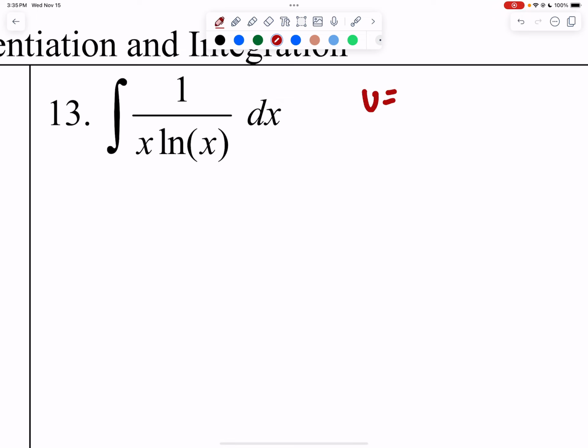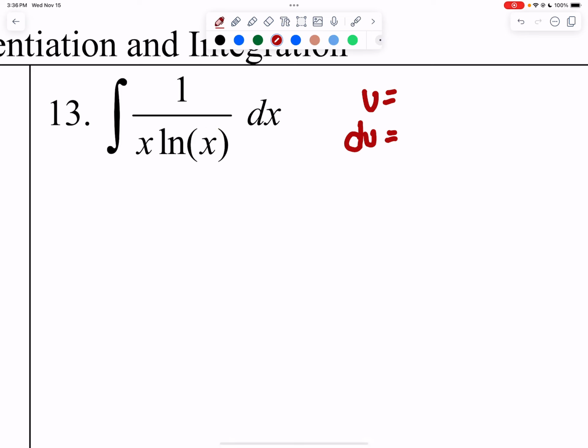However, if I do that, I am left with a product that I have to differentiate for this one right here. So I'm not going to choose u to be x ln x, just because then I'm going to have a product. And if I just choose x right here, the derivative of x is just going to be 1, which doesn't really take care of my ln of x.